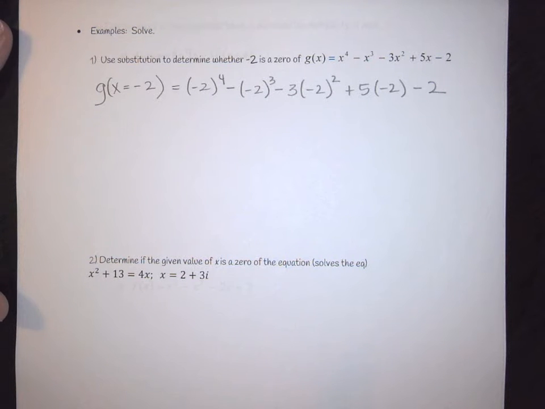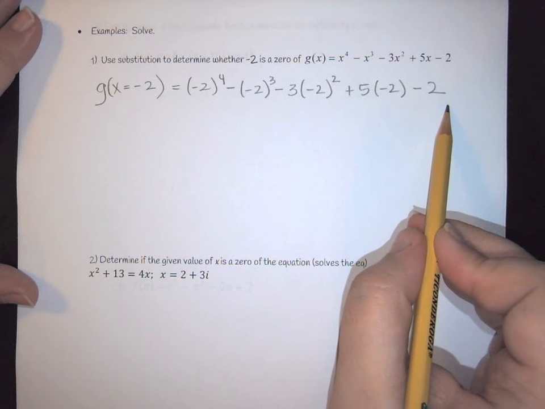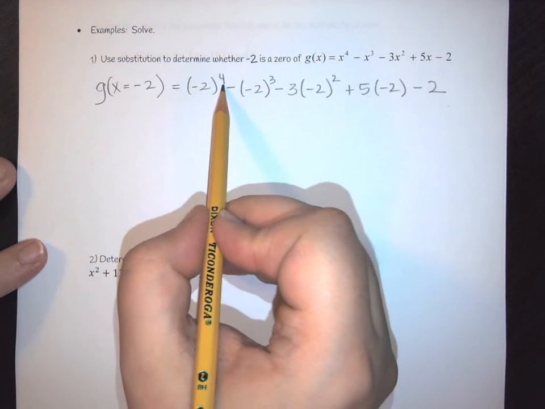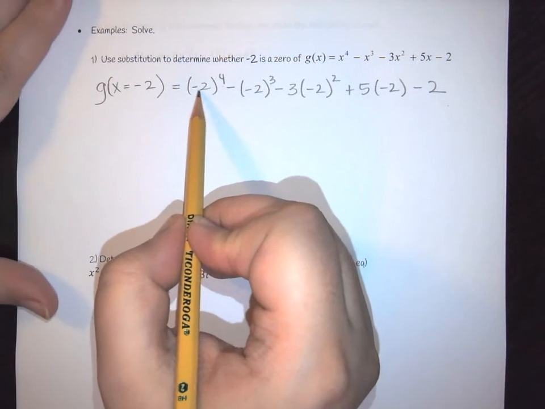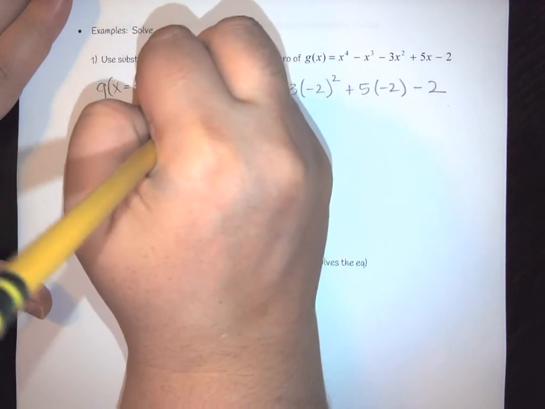And what you're looking for is to see, does all of this become 0 or not? Okay. So we can go ahead and look. When we have -2 to the 4th, because my power is even, it means my negative goes away, and 2 to the 4th is going to be 16.